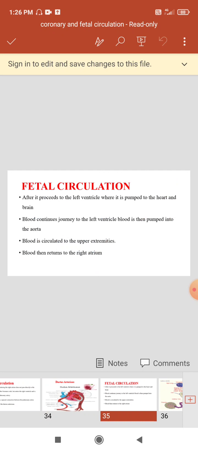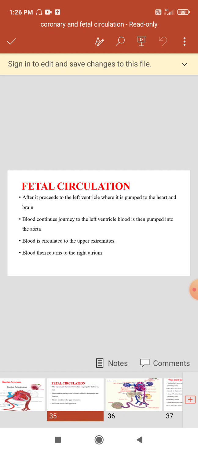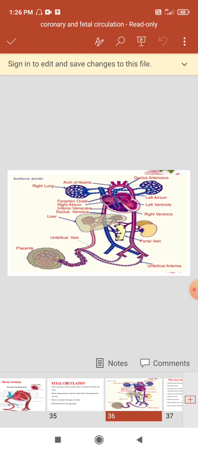Then blood proceeds to the left ventricle, where it is pumped to the heart and brain. Blood is then pumped into the aorta and circulated to the upper extremities, then returns to the right atrium. So this is the fetal circulation pathway, and we'll discuss it. Before birth, what happens we can see in this figure.